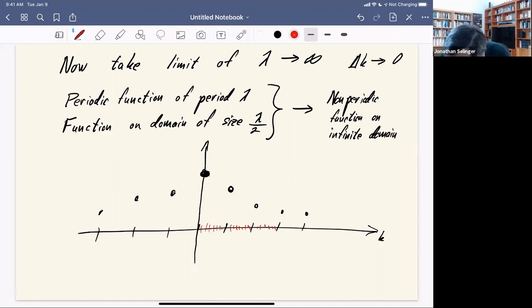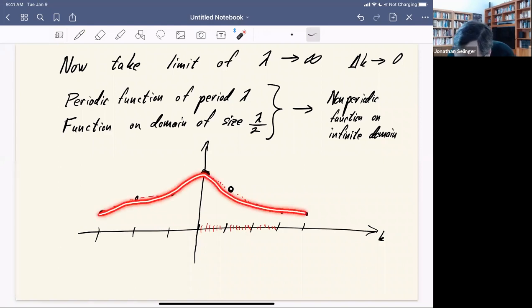So I'm filling in all the spaces in here. Right? So that means instead of having a series of coefficients, the whole thing just gets smoothed out to make some function of k, like that.